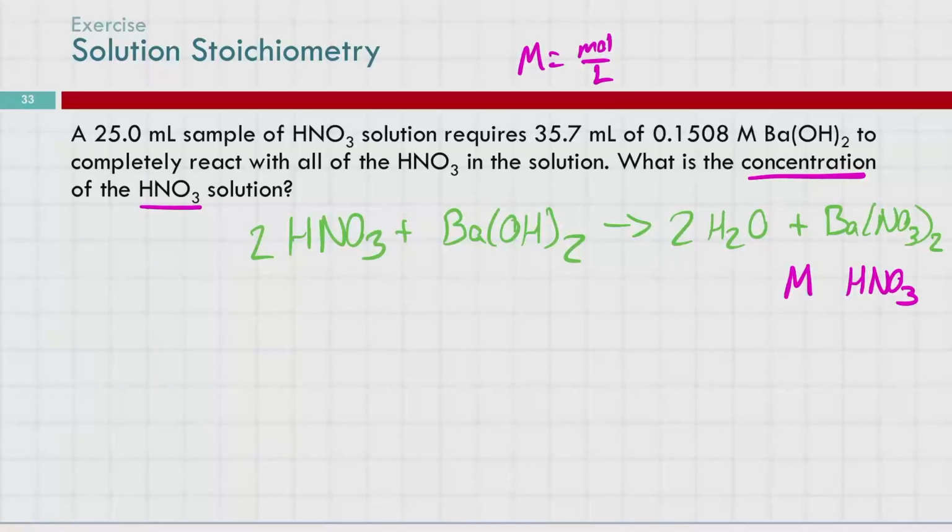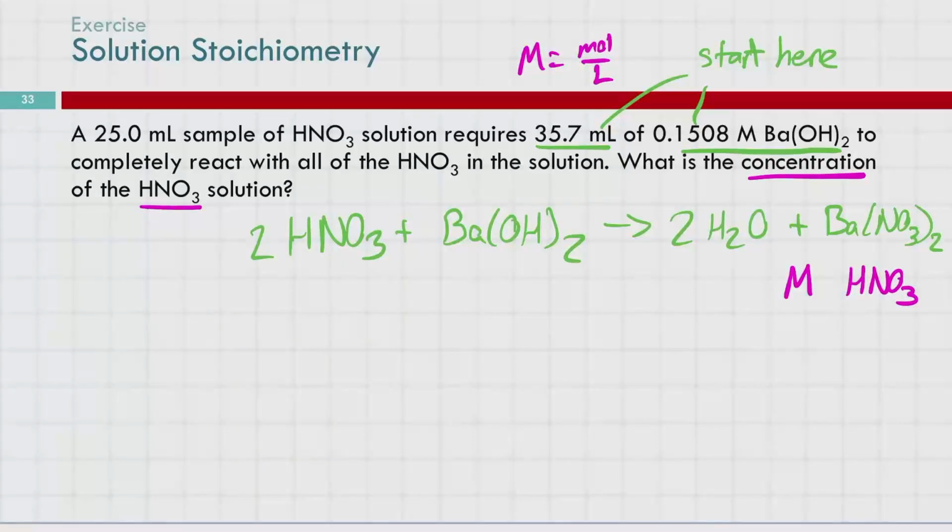We were given volume and concentration for barium hydroxide. So that's the one that we're going to start with, because we've got both the things we need. More variables for barium hydroxide than for nitric acid, so we're going to start there.